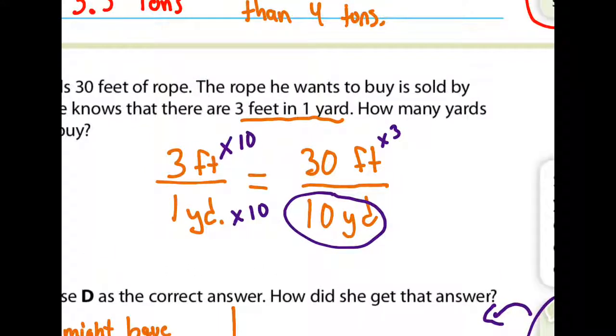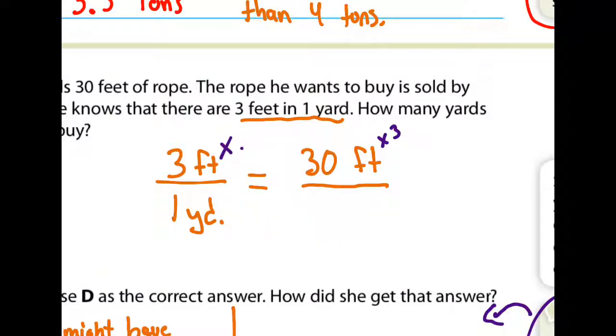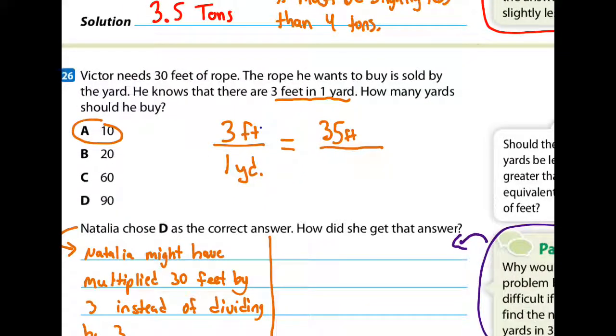So imagine, let me erase everything back here. Get rid of this junk. And imagine you needed to find the number of yards in 35 feet. Well, think of it here. To go into 35, you'd have to think, 3 times what is 35? Well, 3 doesn't go into 35, right?